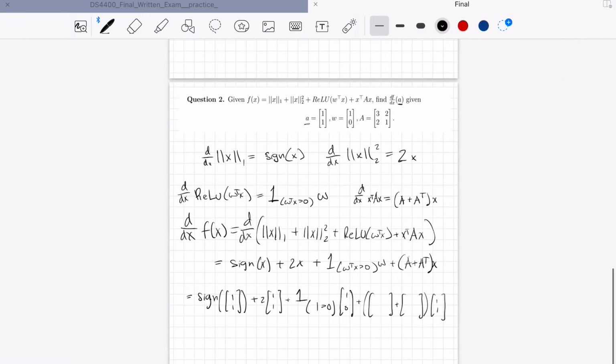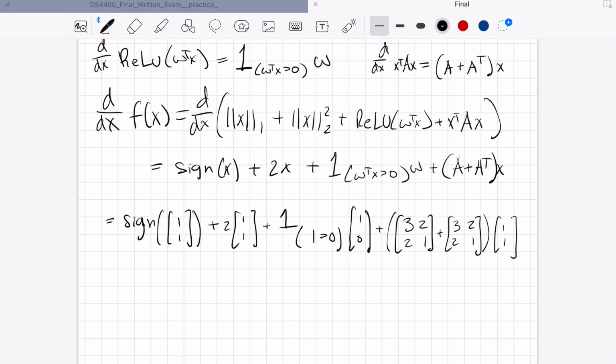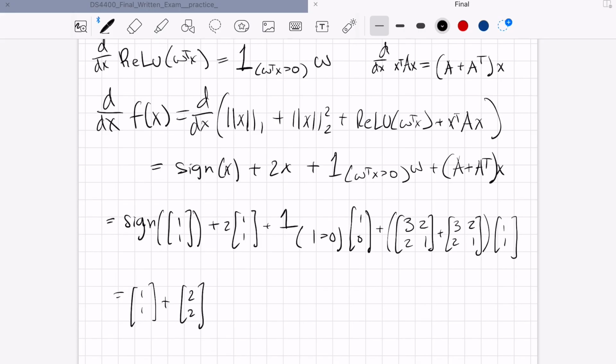That gives us 6, 4, 4, 2. The sign of 1, 1 is simply 1, 1. 2 times 1, 1 is just 2, 2. 1 is greater than 0, so we simply get w, that's 1, 0. And then finally 1, 1.